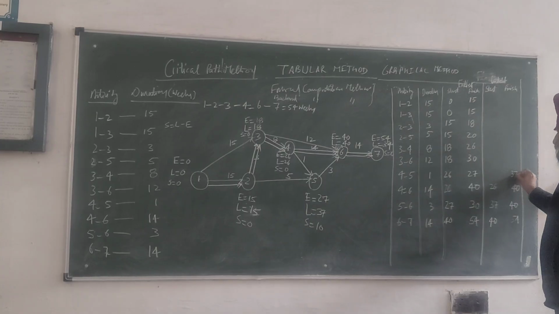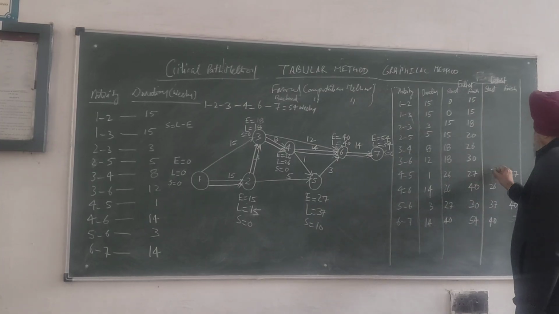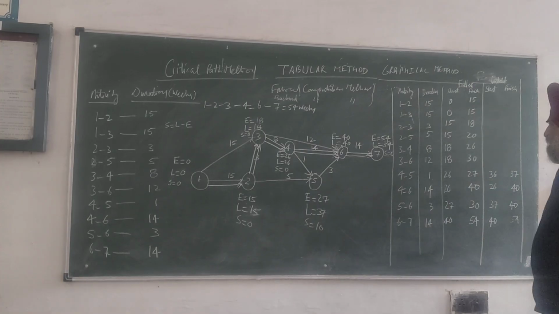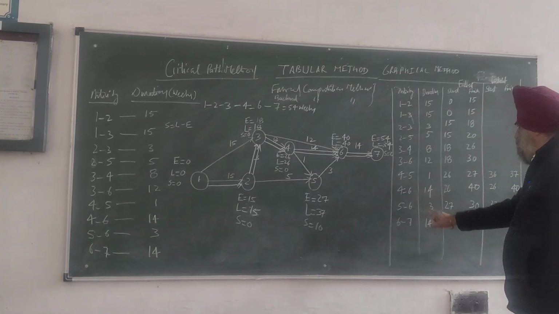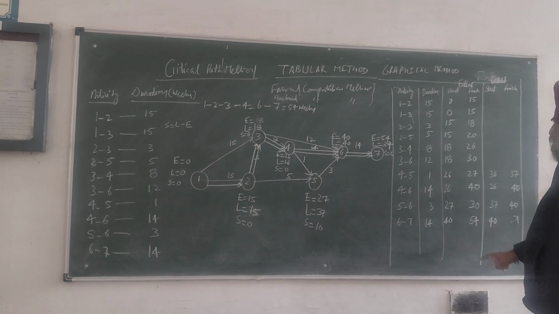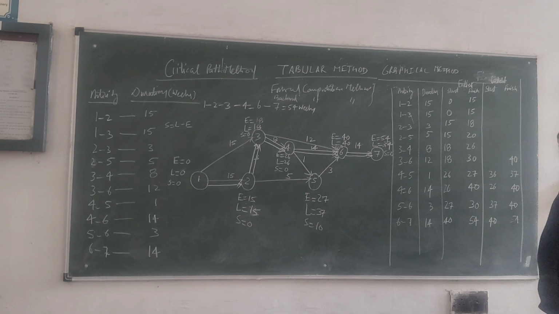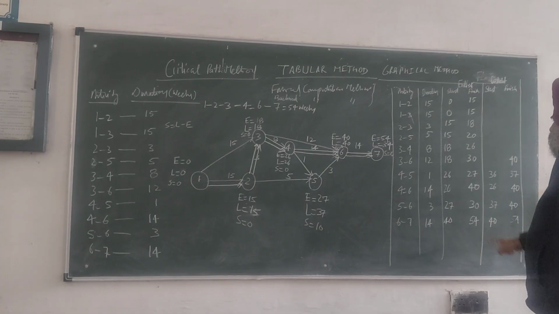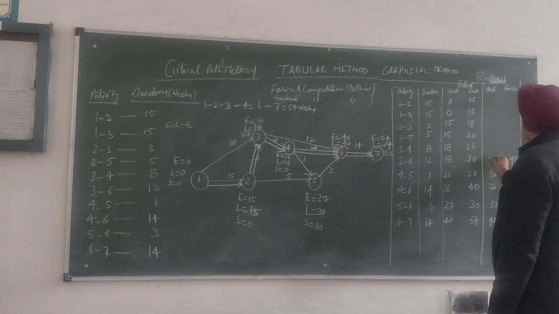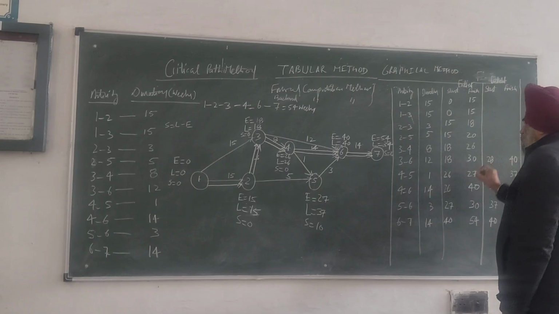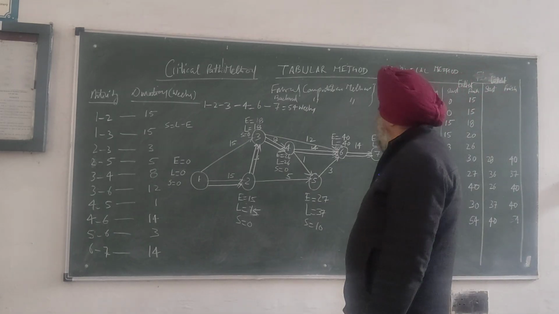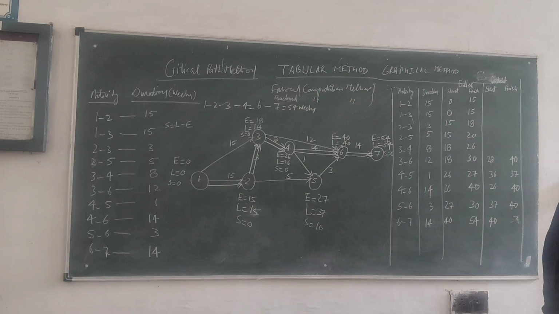Put it there, 37. 37 minus 1 becomes 36. At 6, what value have we chosen? We have chosen the value 40. 40 minus 12 becomes 28. Is it okay so far?